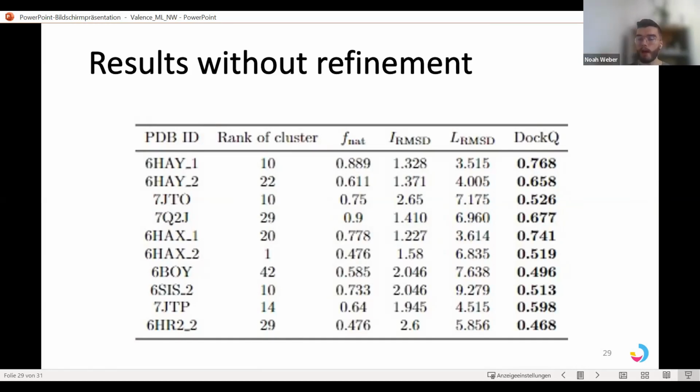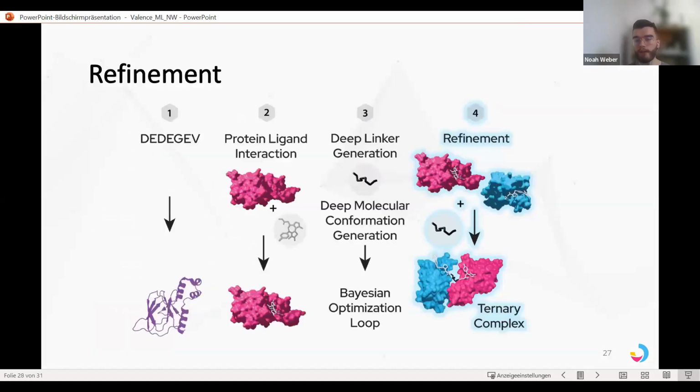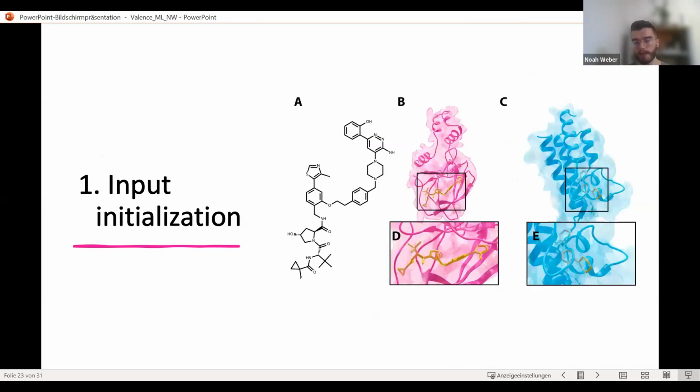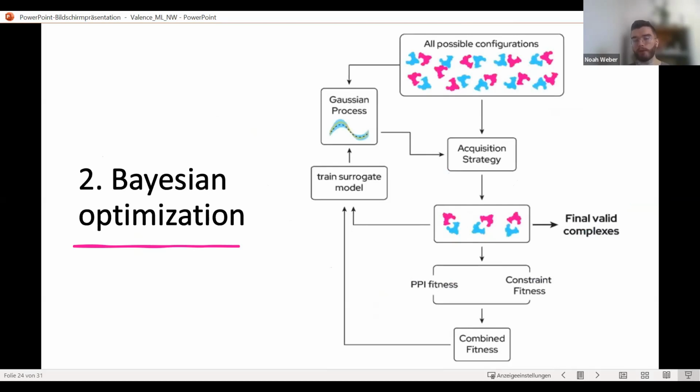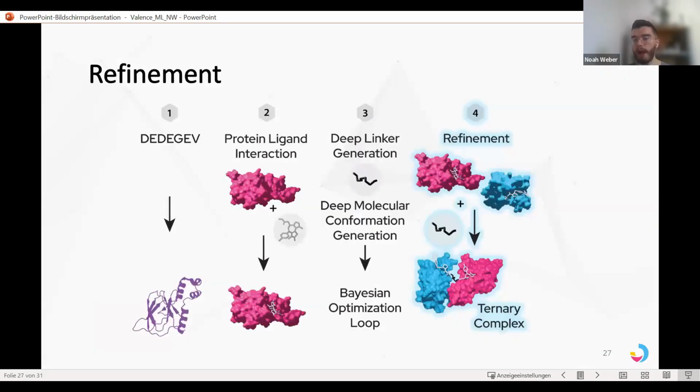And what this allows us, and that's the whole selling point of the Bayesian optimization, is that we can achieve these screenings very cost-efficiently, because we don't have to execute full-blown MD simulations with hundreds or thousands of GPUs, and we can have outputs for the refinement in less than an hour.